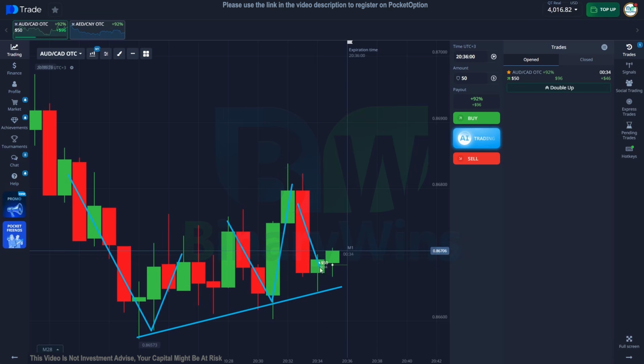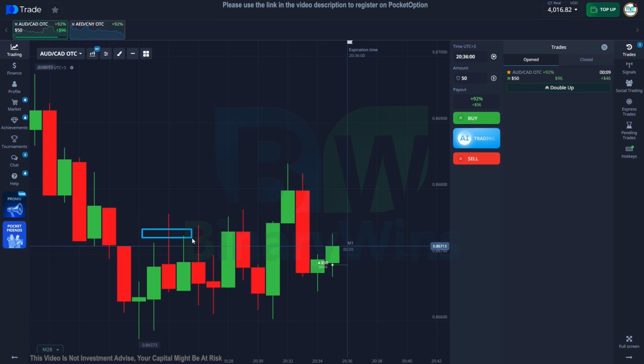Look, this time, after receiving a rejection, there is a possibility of forming a green candle and the trend reversing upwards. That's why I entered the higher trade. My only concern is the rejections of these candles.